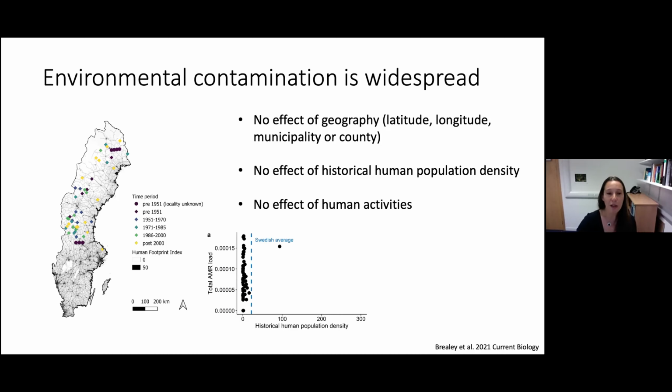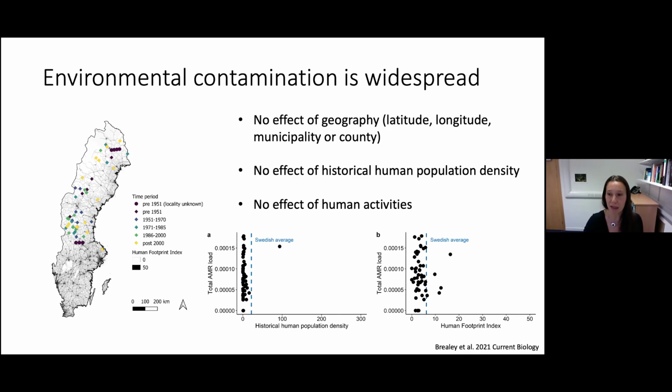So here we have historical human population density. On the x-axis is the scale, so which values this population density can take within Sweden. And in blue, you see the Swedish average. And the vast majority, with only one exception, of our bears has been collected at population densities below the Swedish average. So our bears do avoid coming into human impacted landscapes. And the same goes for the human footprint index, for which we don't have historical values. This is a value that has been calculated for 2009.